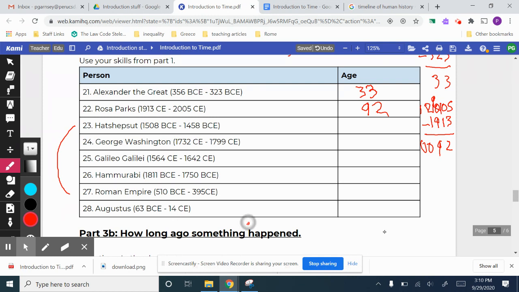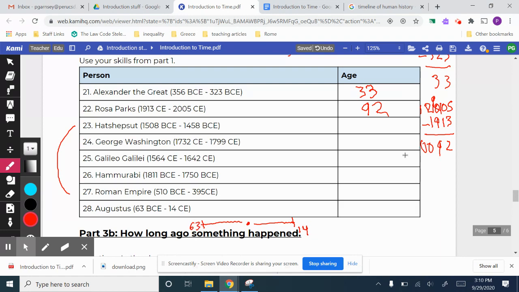So this is like, you have a number line. He died in the year 14 CE, but he would have been born in a BCE date, so like the negative side of a number line. 63.